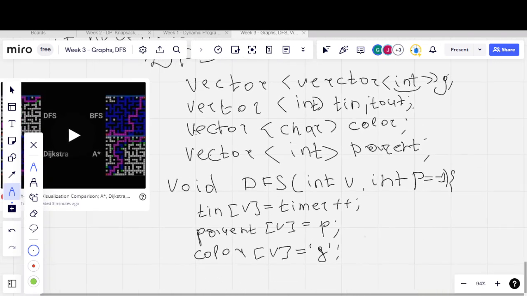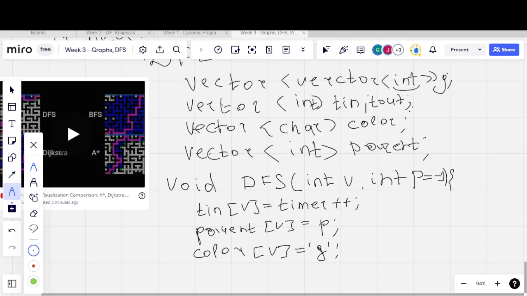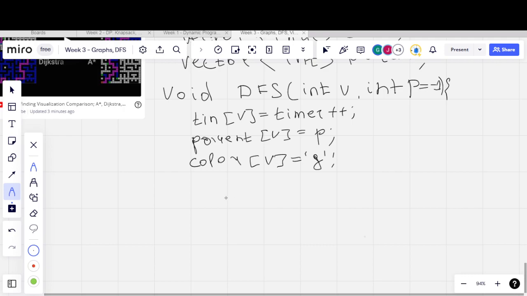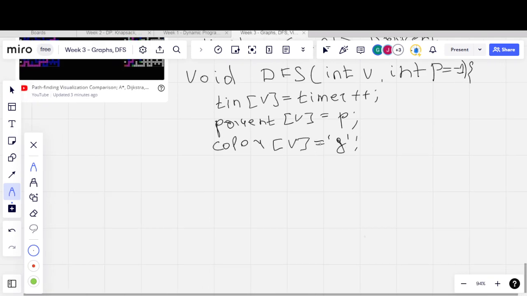At first all the vertices are white, and then we color them gray and black.